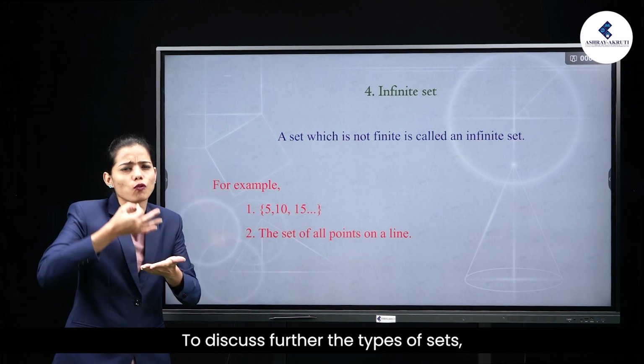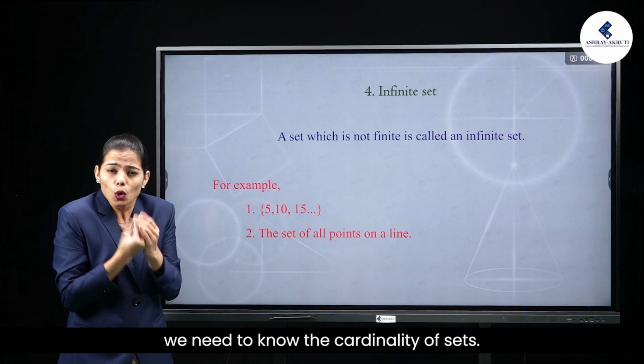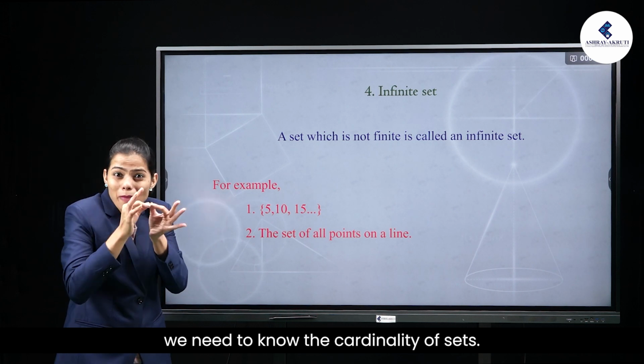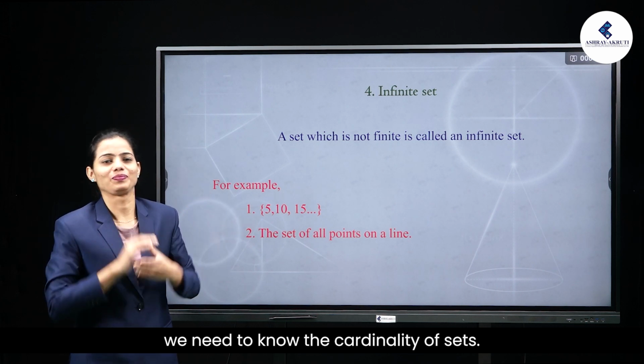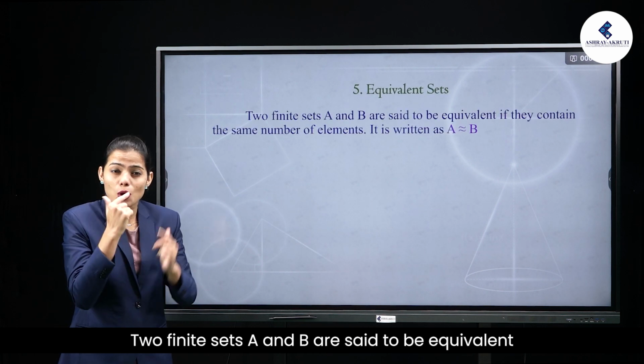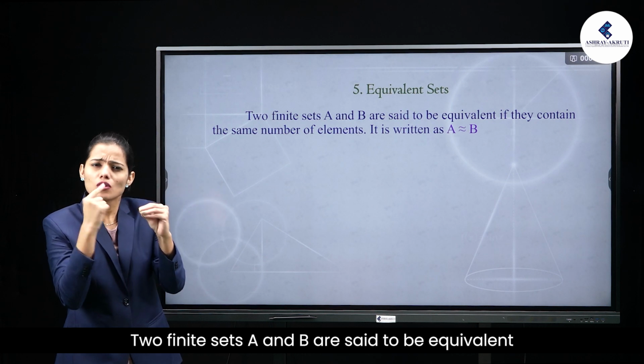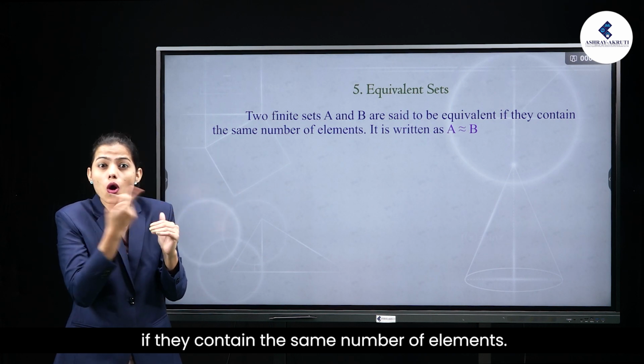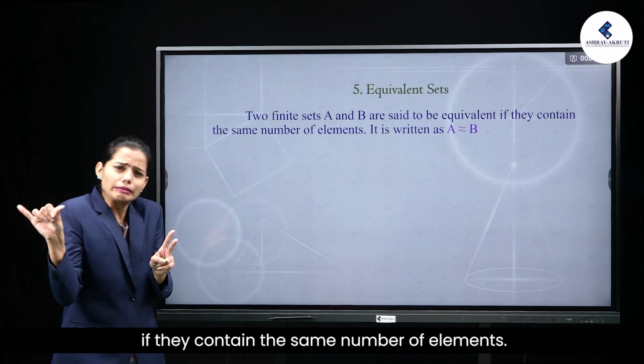To discuss further the types of sets, we need to know the cardinality of sets. Equivalent sets. Two finite sets A and B are said to be equivalent if they contain the same number of elements.